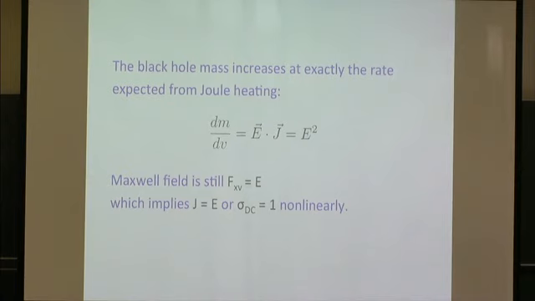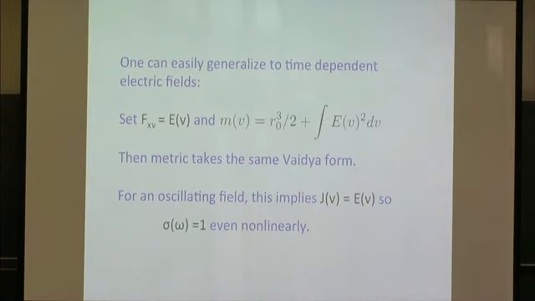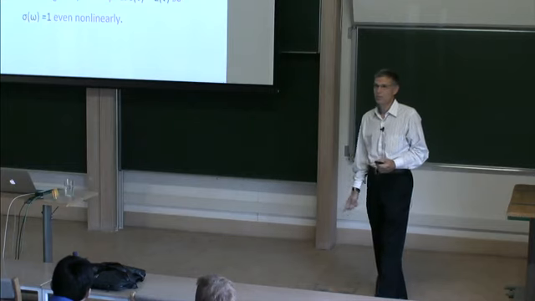So that's the DC conductivity, but one can easily generalize this to time-dependent electric fields. If you set the Maxwell field, the xv component, to be any function of v, and you let the mass function m(v) be this constant r_0 cubed over 2, plus now an integral of E squared dv, you again get an exact solution of the Einstein-Maxwell equations.